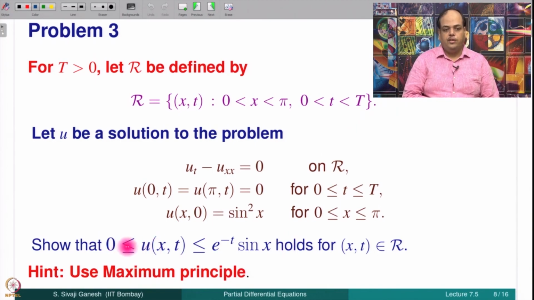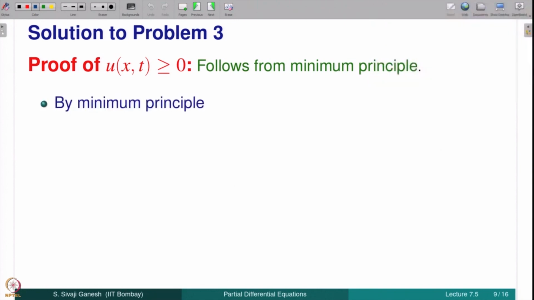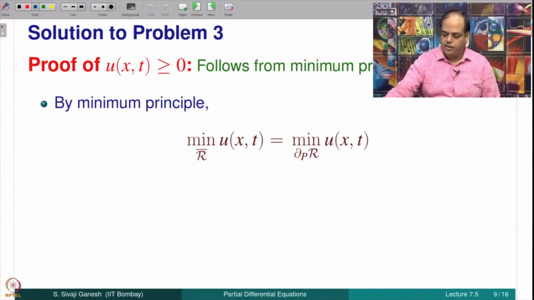So, what we have to show is actually two inequalities. We have to show 0 is less than or equal to u of x, t, and u of x, t is less than or equal to e power minus t into sin x. So, let us prove the first one, that is u of x, t is greater than or equal to 0. It follows from the minimum principle. By the minimum principle, we know that the minimum of u on R closure is actually the minimum of u on the parabolic boundary of R. What is the parabolic boundary of R?